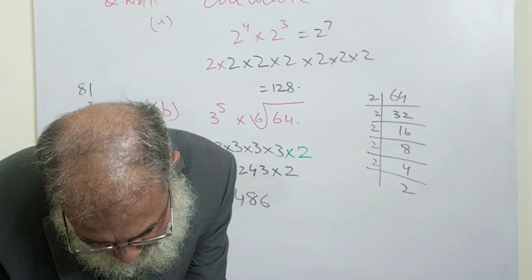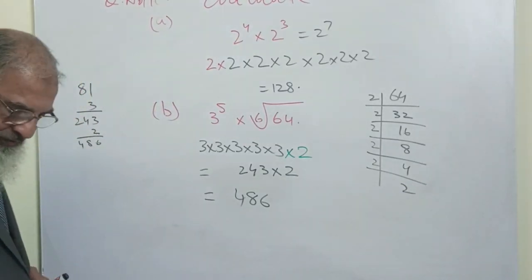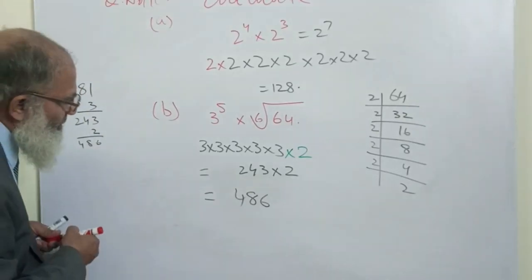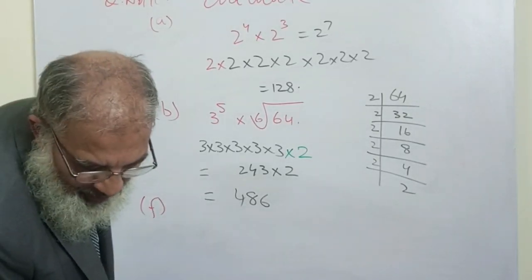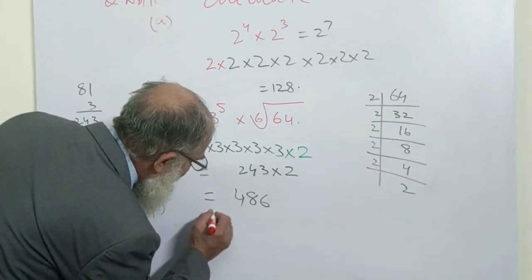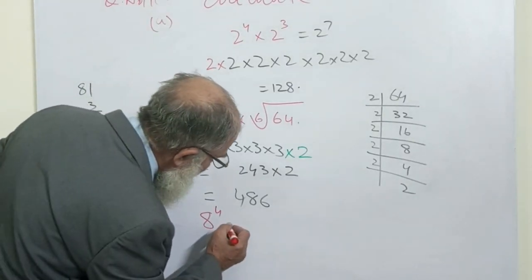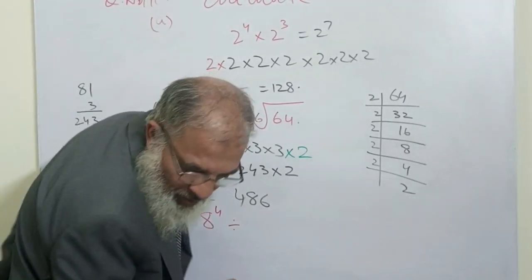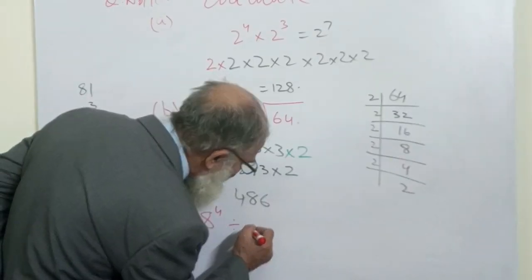The questions are the same except F. Now I am going to do part number F. A little different. 8 raised to power 4 divided by 8, and it is divided by, wow, it is a very different question.